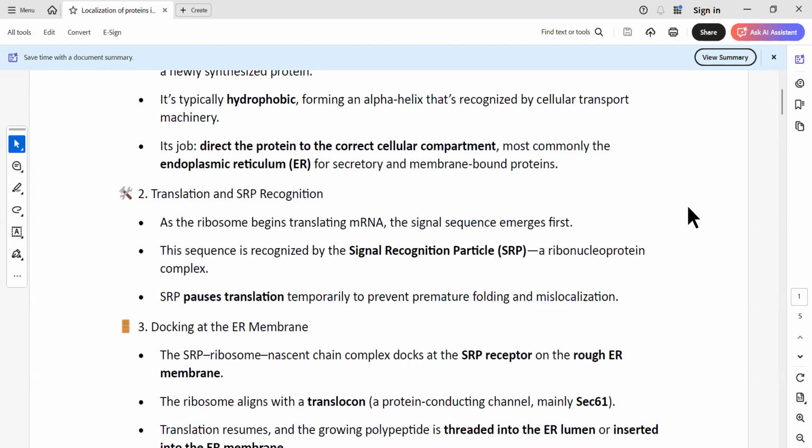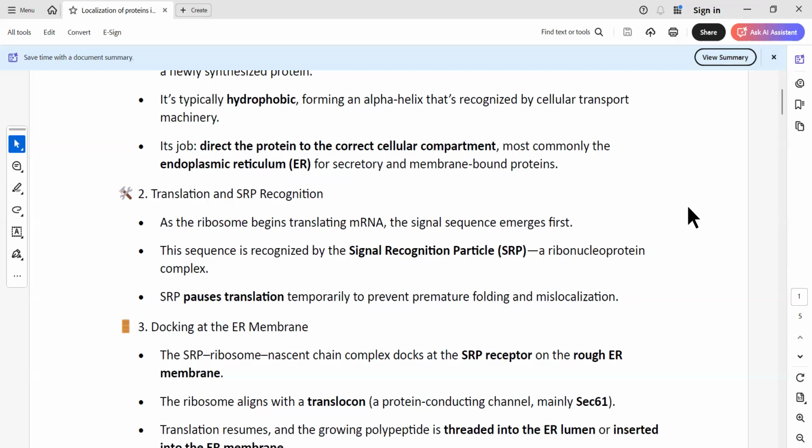then what happens, this signal recognition particle, this is a ribonucleoprotein complex. This recognizes the signal sequence. Now, this SRP pauses translation. Why? Because we don't want the nascent peptide with the signal sequence to get prematurely folded.